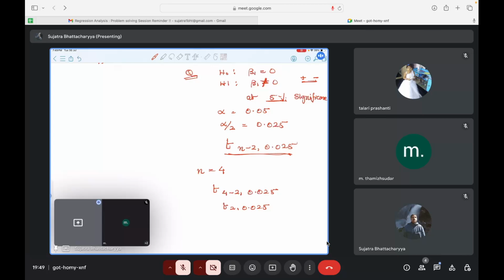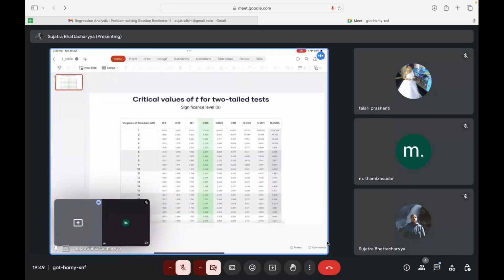Now, I have one table. Look at it. Degrees of freedom is 2, correct? And significance level 0.025, not 0.05. Remember, when you have beta 1 is not equal to 0, it can be either positive or negative, so you have to take both equally.